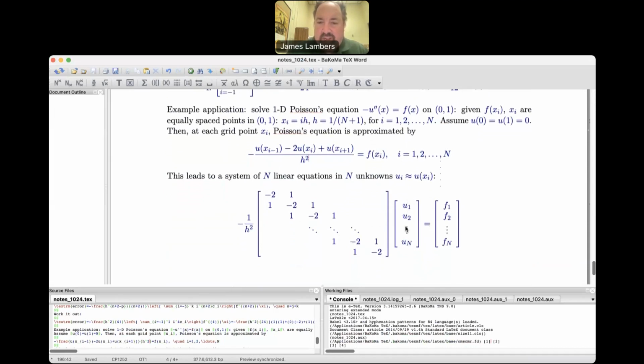And then my solution is an approximation of u of x, the exact solution of my differential equation, evaluated at all the grid points. So I just want to show you an example of how finite difference formulas are actually applied. They play a central role in numerical methods for solving differential equations, which is going to be a topic covered in the next course, Math 461, 561.